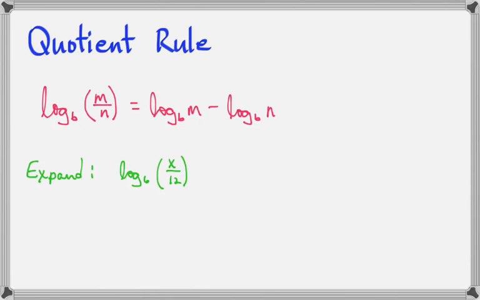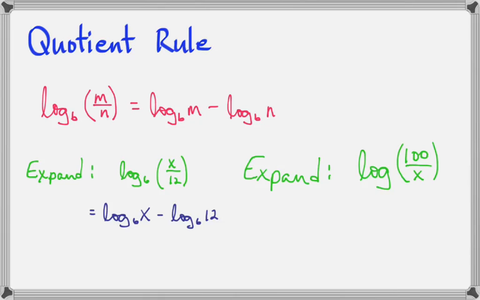So as an example, let's expand log base 6 of x over 12. This is going to become log base 6 of x, because that comes from the top, minus log base 6 of 12, because the 12 comes from the bottom. And so that's an expanded form of this expression.